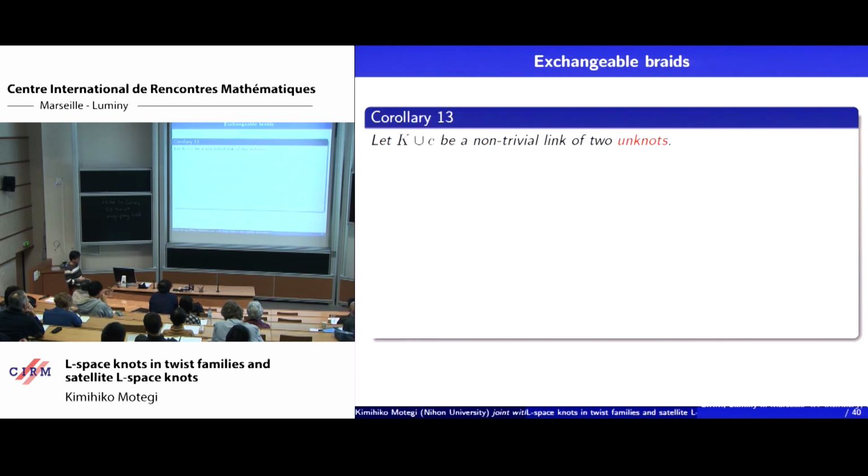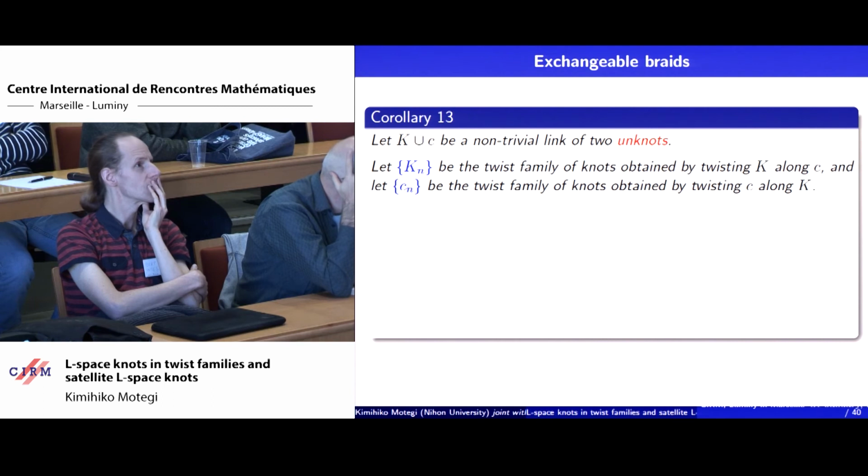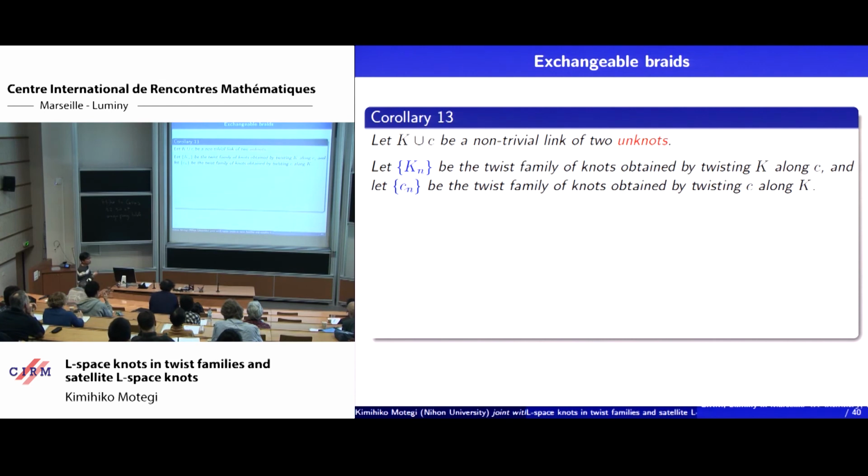And now we take a special case. Both components are trivial knots. Then, since C is trivial, twisting K along C, we obtain K_n. And in this case, K is also unknotted, so we can twist C along K to obtain the second family, C_n.